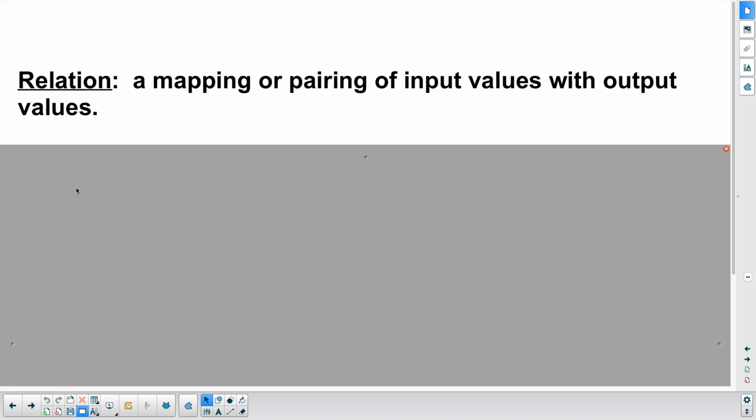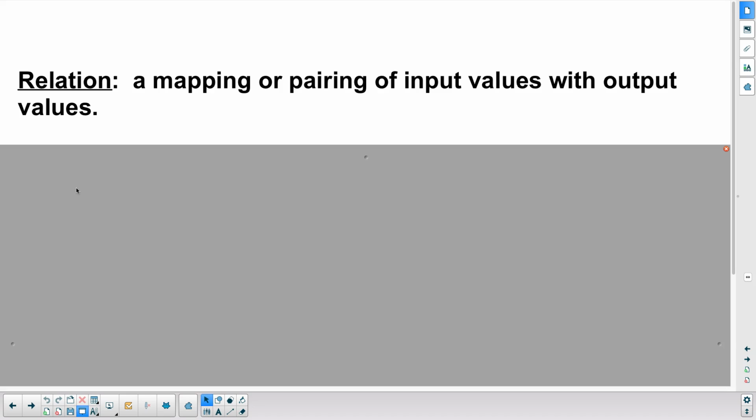But in math, there are some different ways to represent a relation. Okay? And a relationship, whichever one you want to go with, is where you pair two things together.